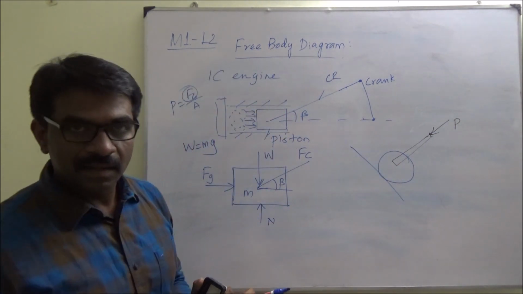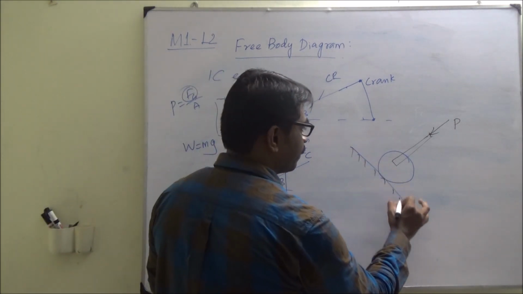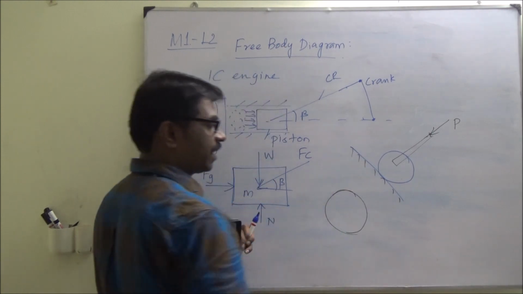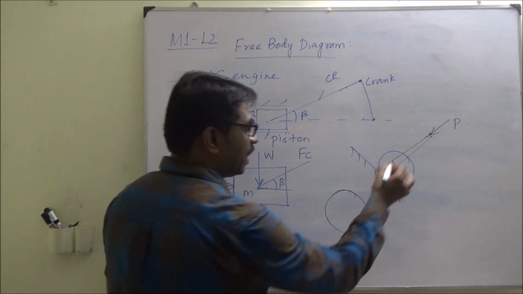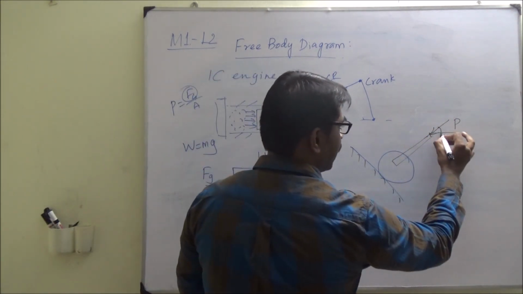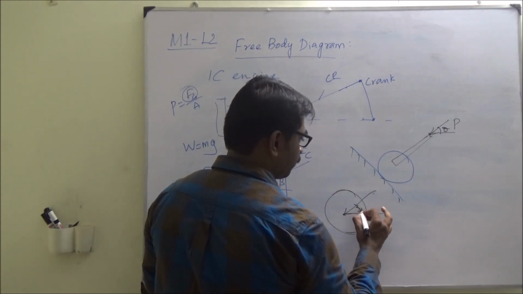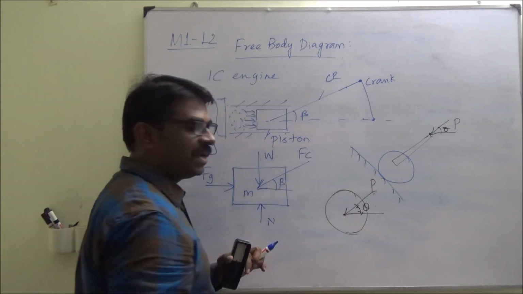It is a cylinder or cylindrical wheel, and this is the surface. I will isolate this cylinder. It can be considered as a two-dimensional problem. Some angle is involved, so I will put in the same angle theta. I will put the direction of the force P.